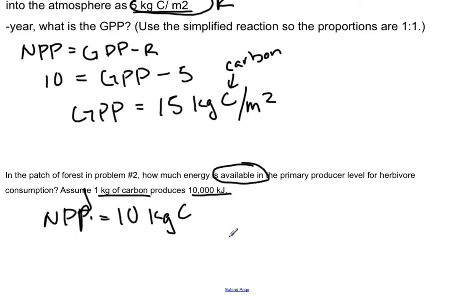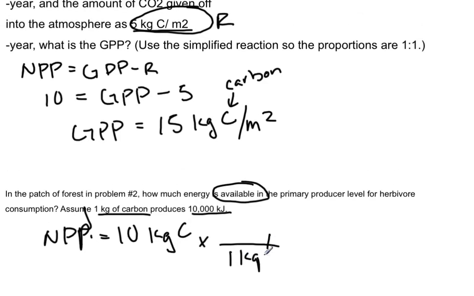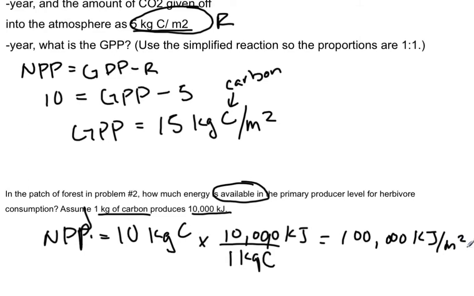So let's go ahead and do our math with this one. So we start off with 10 kilograms of carbon, and it says for every 1 kilogram of carbon, I get 10,000 kilojoules, and that's going to give me 100,000 kilojoules of energy per meter squared.